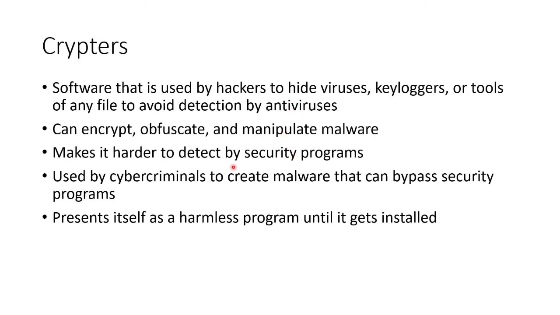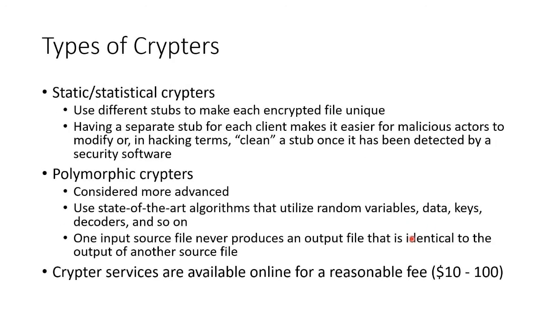It makes it harder for security programs to detect the malware. So we use it to create the malware to hopefully bypass any malware detectors. Then the thing looks harmless because it doesn't match any signatures, and then it gets installed.